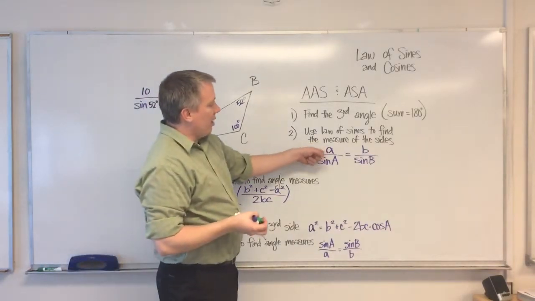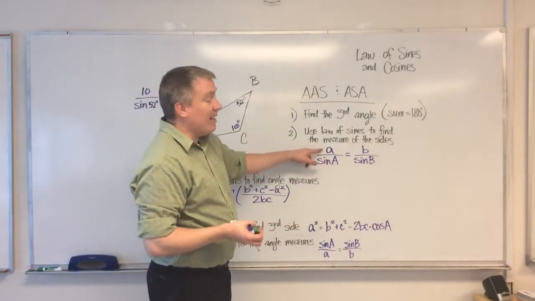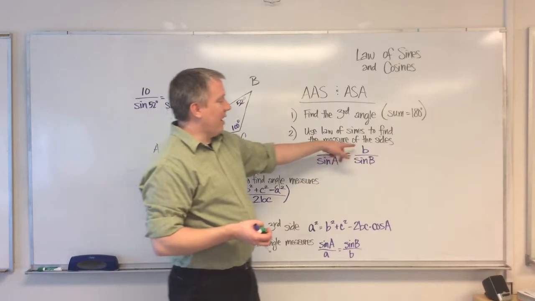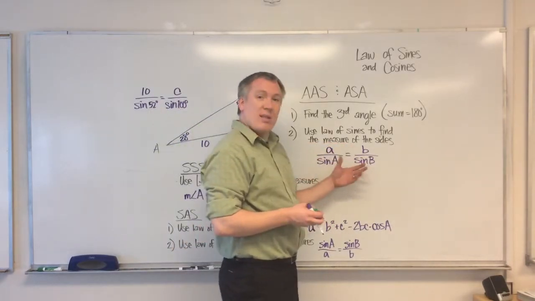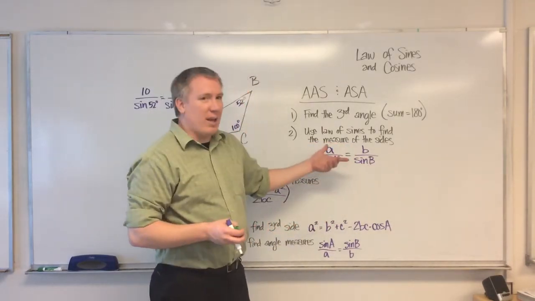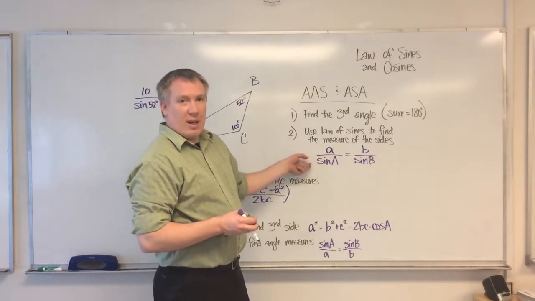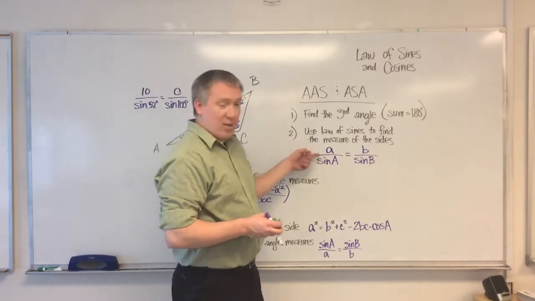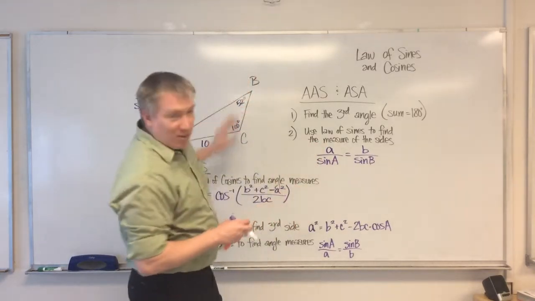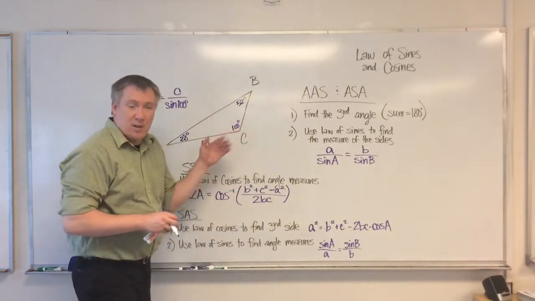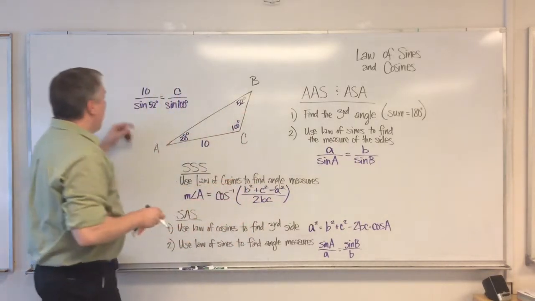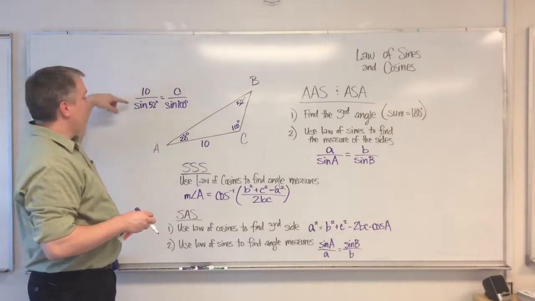This is side A over sine A. Side over sine. Side B over sine B. But this is arbitrary, meaning these letters could be anything. This could be x over sine x. Or happy face over sine happy face, as long as that's what was labeled on the picture. They are arbitrary.